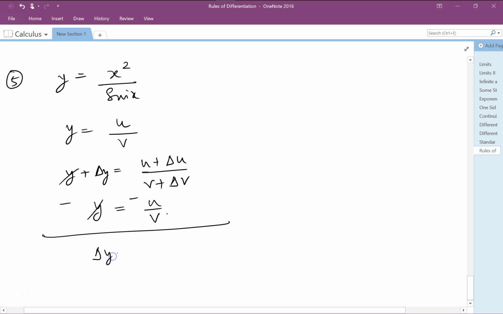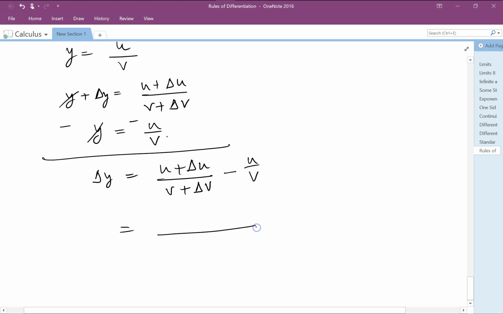We are left with delta y = (u + delta u)/(v + delta v) - u/v. Now let's take the LCM, v times (v + delta v), and cross multiply: v times (u + delta u) minus u times (v + delta v).